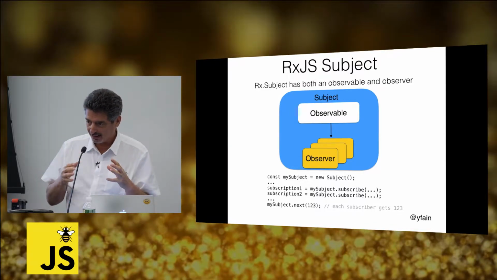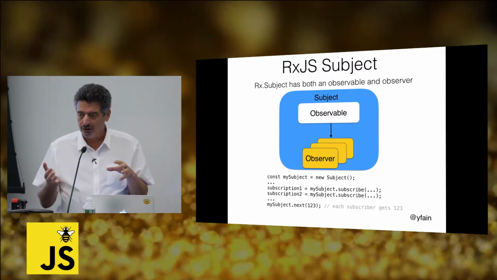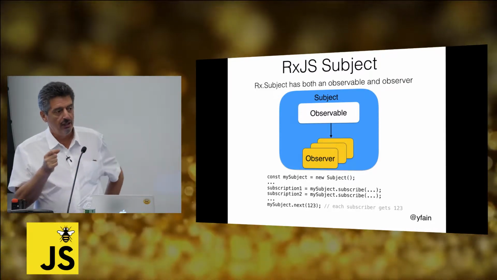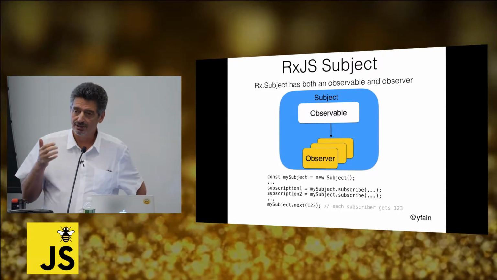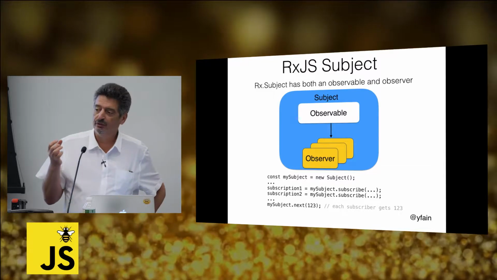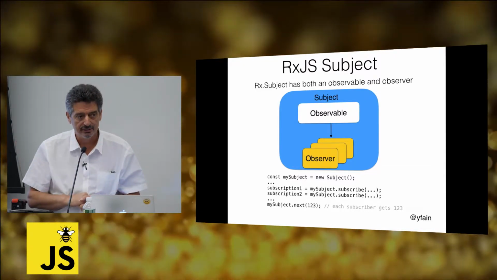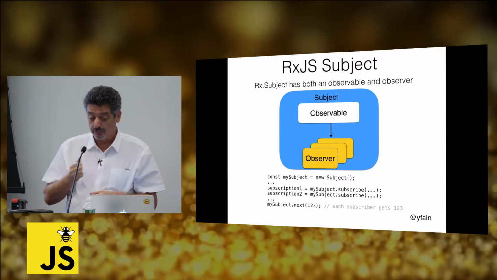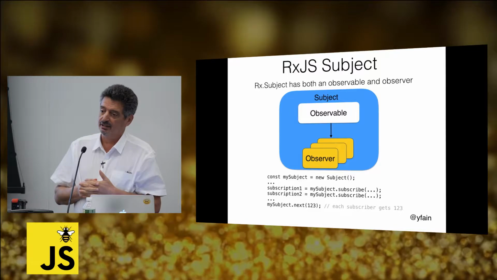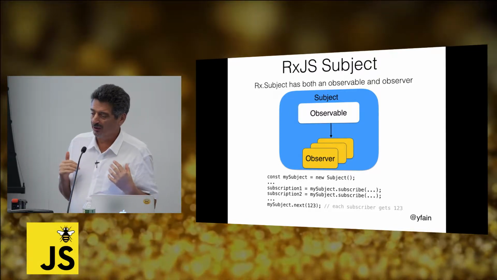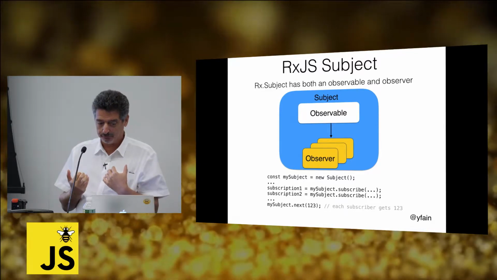So a subject can be looked at as both observable and observer. Moreover, if more than one client is connected to the subject, the push in one observable will be broadcasted to each and every client. So because the subject in RxJS is both observable and observer, you can both invoke next on it and you can subscribe to it.